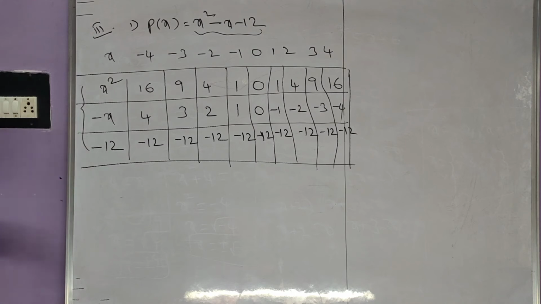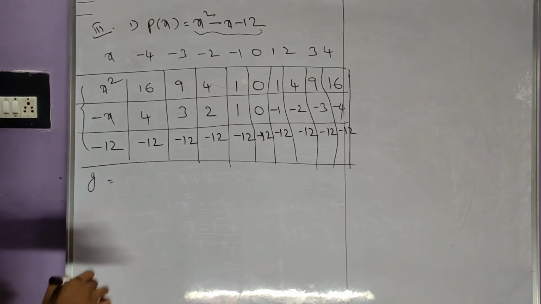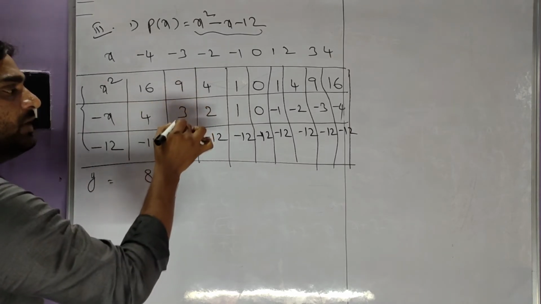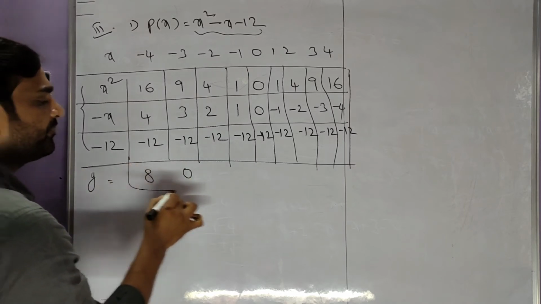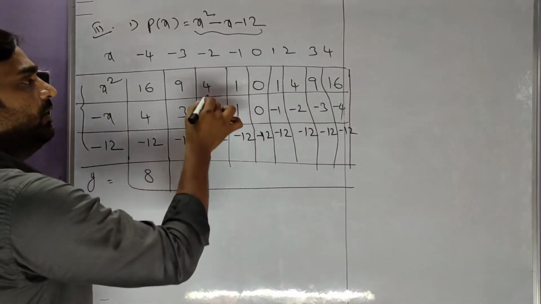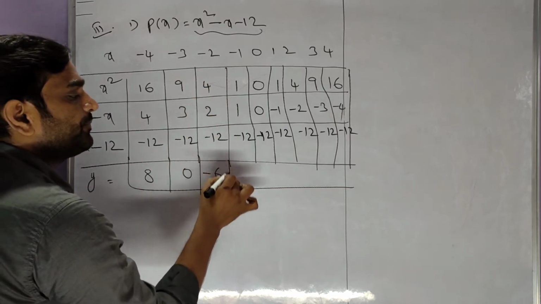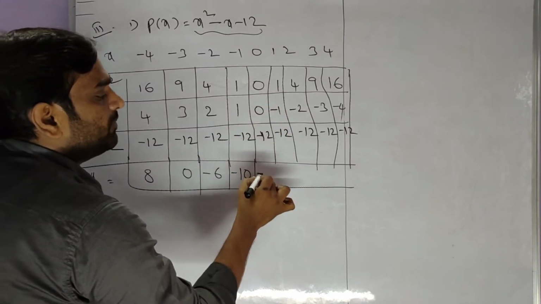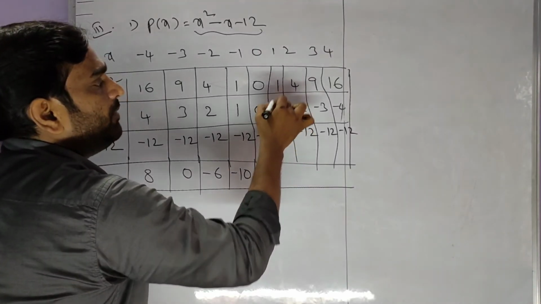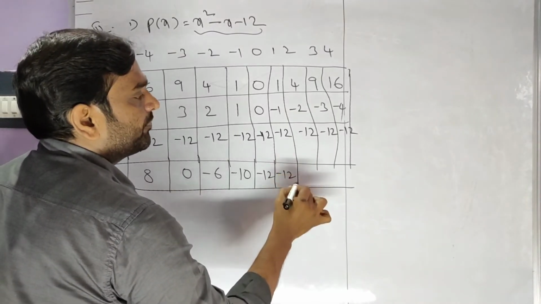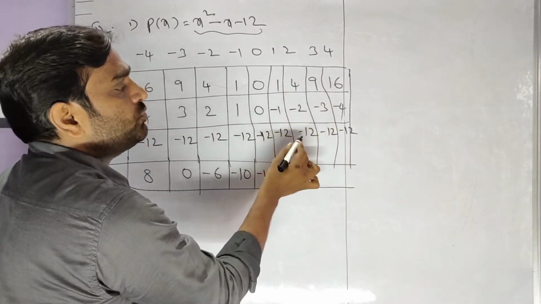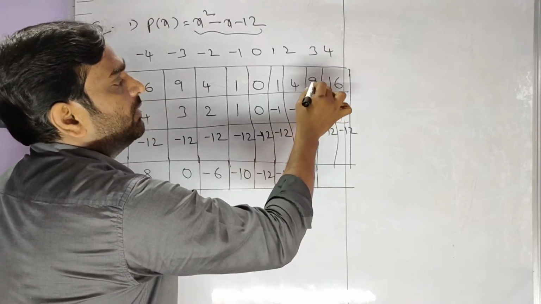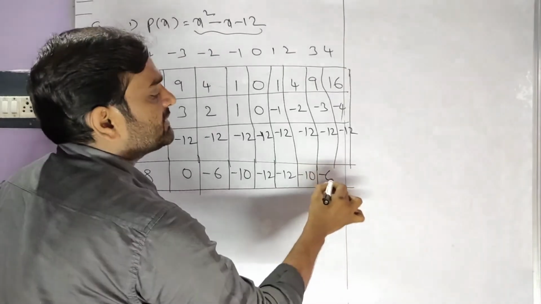The sum of these three we take as y. 16 plus 4 is 20, 20 minus 12 is 8. 9 plus 3 is 12, minus 12 is 0. 4 plus 2 is 6, minus 12 is minus 6. 1 plus 1 is 2, minus 12 is minus 10. 0, 0 minus 12 is minus 12. 1 minus 1 cancel, remaining minus 12. 4 minus 2 is 2, minus 12 is minus 10. 9 minus 3 is 6, 6 minus 12 is minus 6.